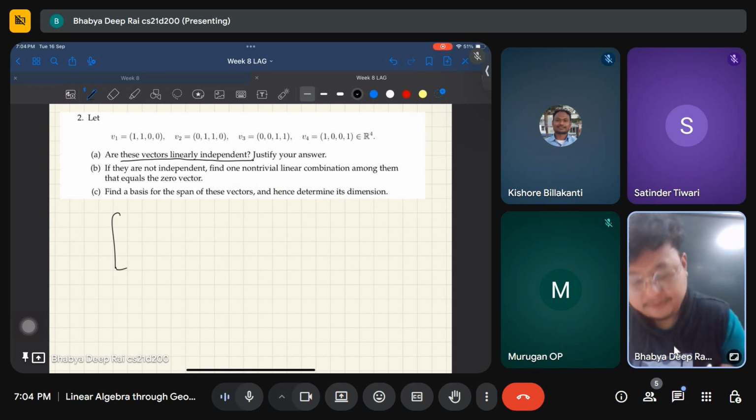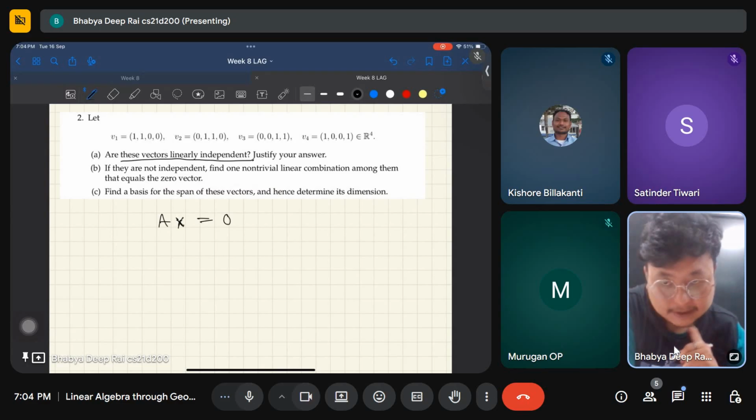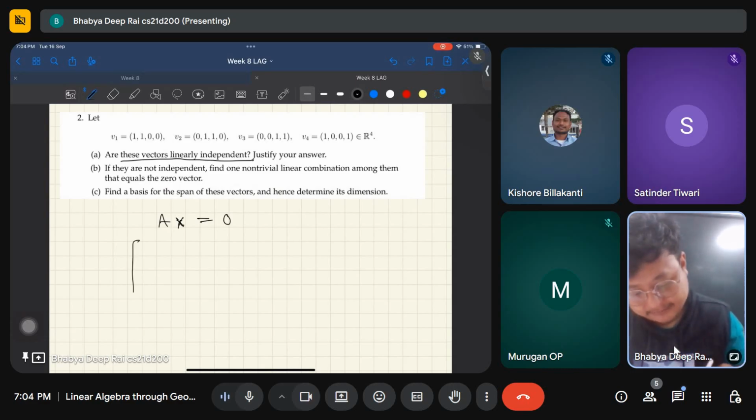So how do we do Gauss-Jordan elimination? Well, you'll interpret the question as a system of linear equations that you need to solve: Ax equals 0. In this case, what is A? It is 1 1 0 0, 0 1 1 0, 0 0 1 1, and 1 0 0 1.